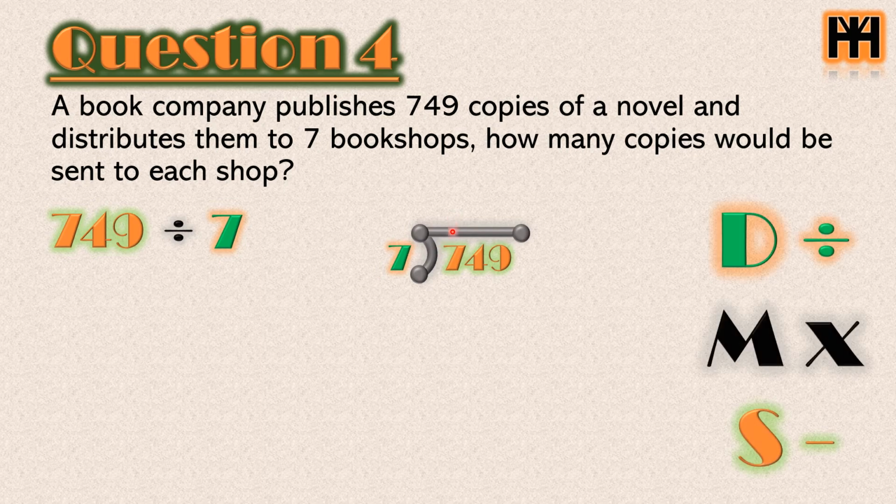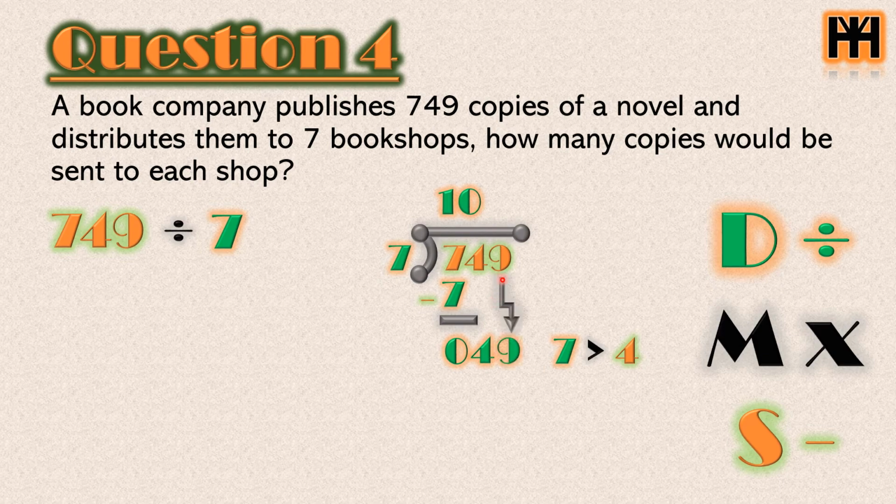7 divided by 7 is 1, then 1 times 7 is 7, then subtract. 7 minus 7 is 0, then put the 4 down. Okay, 4 divided by 7 can be, 7 is greater than 4, then I'll put 0 here, then put the 9 down, so it's 49.